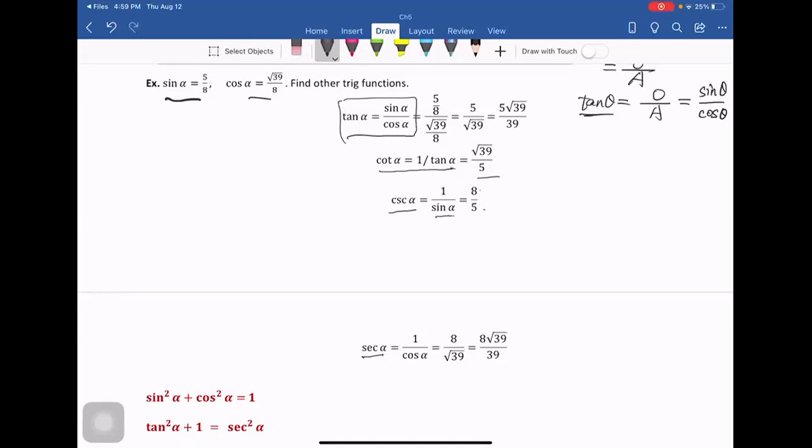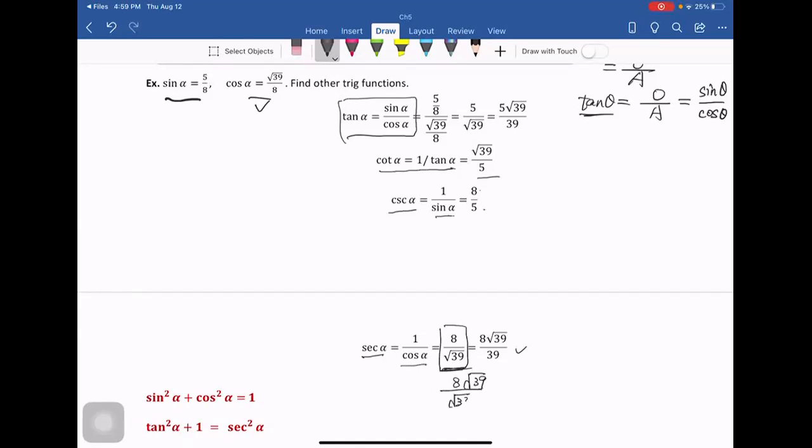Secant alpha equals 1 over cosine alpha. They provide us here, and we get this. Some students don't know how to rationalize this because the square root is on the bottom part. So we need to multiply the top and the bottom by square root of 39.